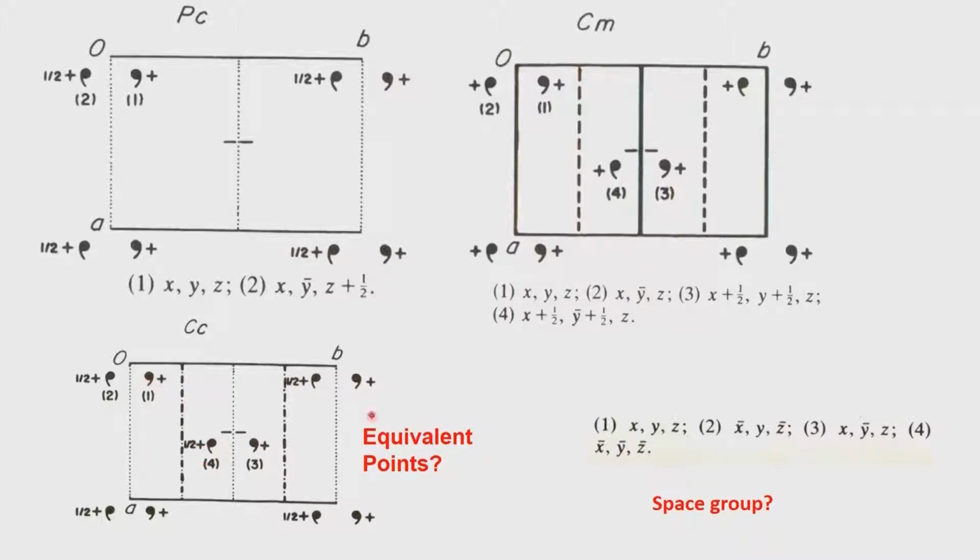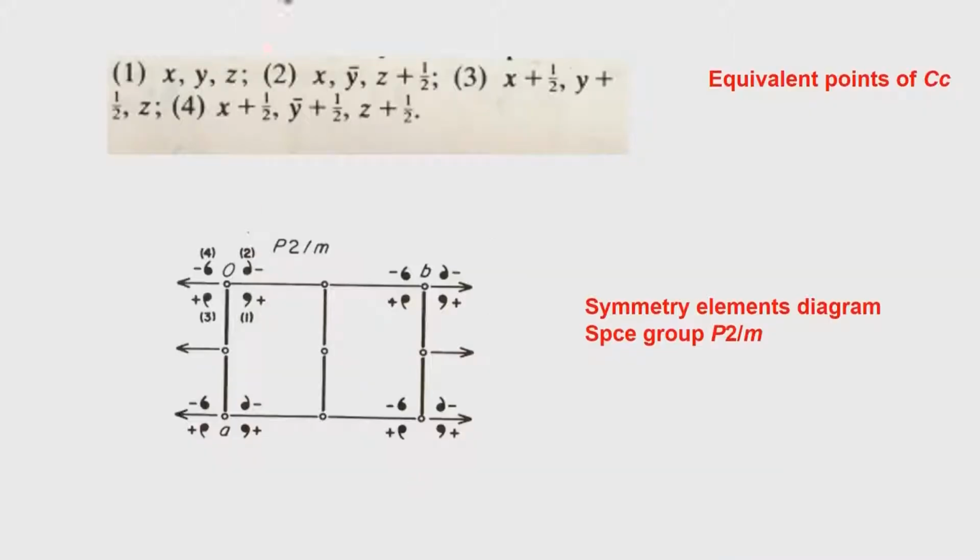So, one can therefore, in principle, given this picture, write down the equivalent points. And in the next slide, I have shown what those equivalent points are. Those equivalent points are x y z, x y bar, half plus z, x plus half, y plus half, z. So, as you see, this is the C glide operation, and this third is the C centering operation, and then the C glide operation on this object, which is due to the C centering.